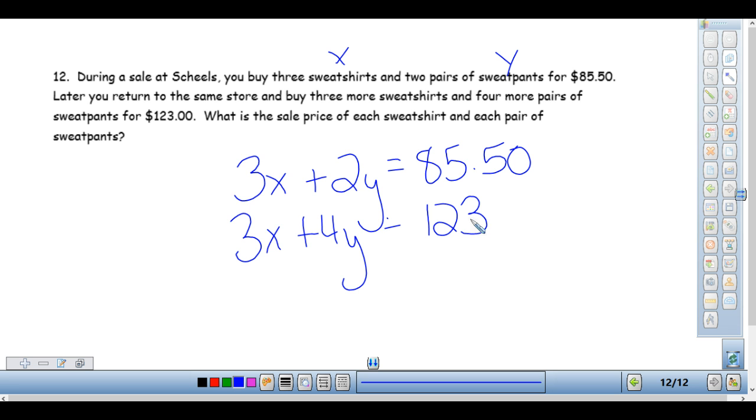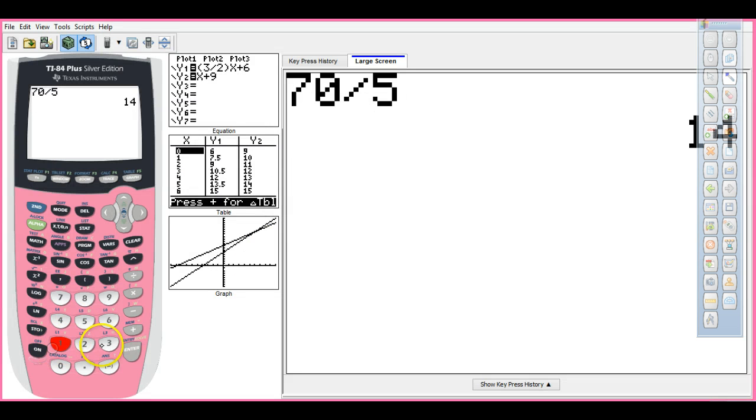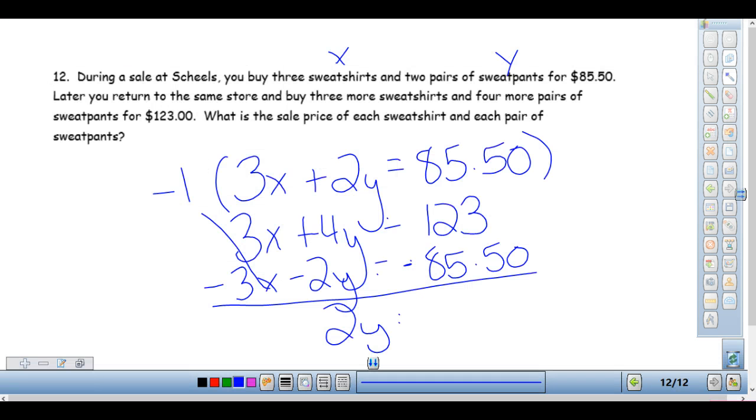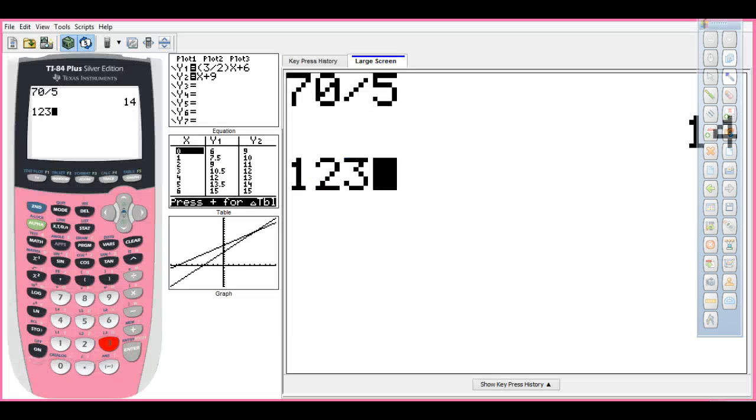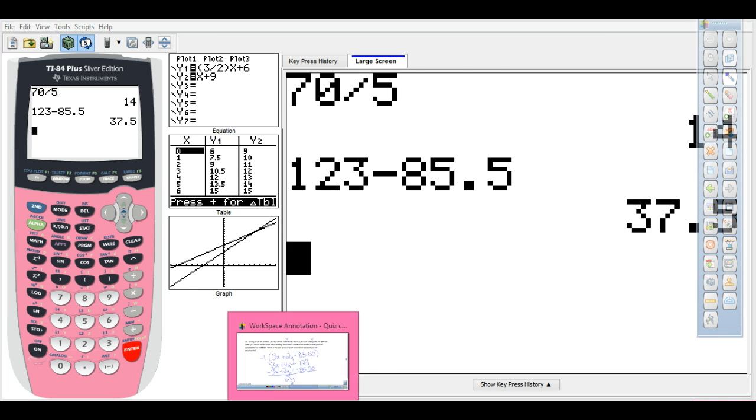123. Okay. So if I multiply the top by -1, I have -3x minus 2y equals -85.50, or 2y equals, we've got to take 123 minus 85.50 gives us 37.50.